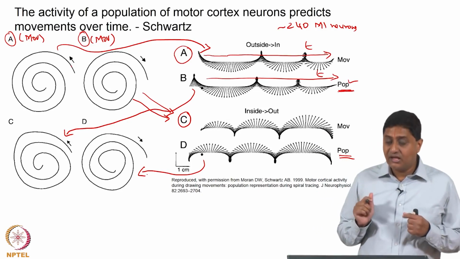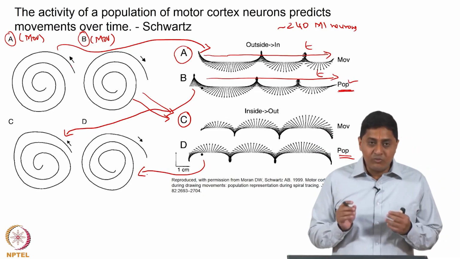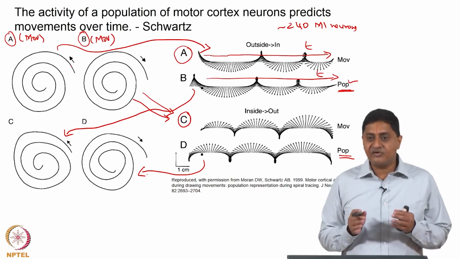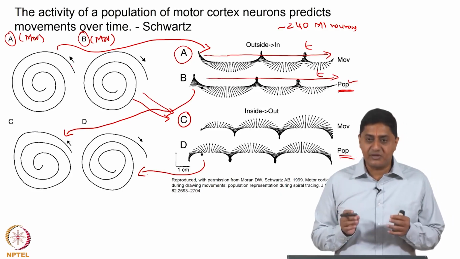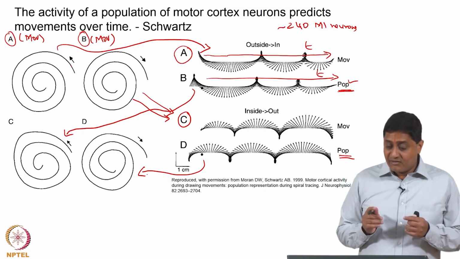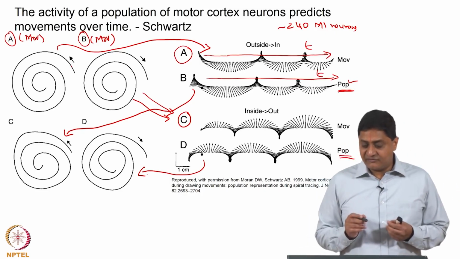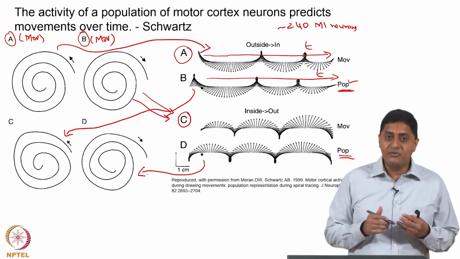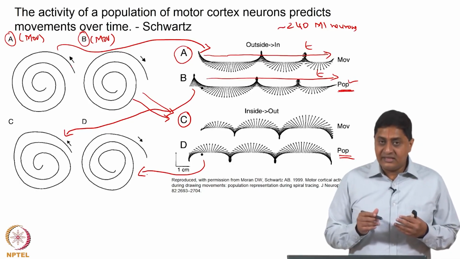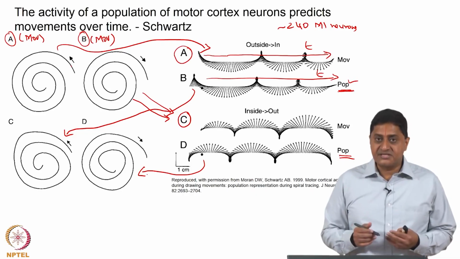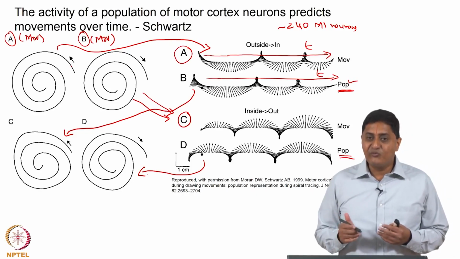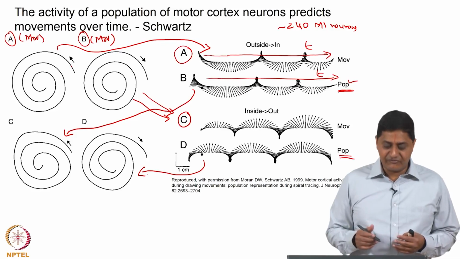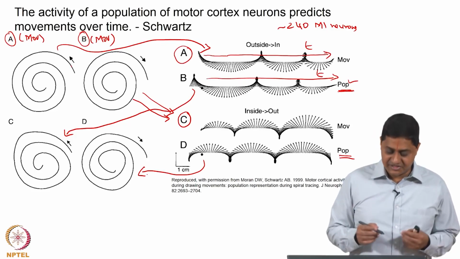So, what was recorded? Actual movement trajectory was recorded and activity of 240 neurons in the primary motor cortex was recorded. From the activity of the 240 primary motor cortex neurons, we are able to get the instantaneous directions and velocity vectors, from which we are able to reconstruct the approximate trajectories.